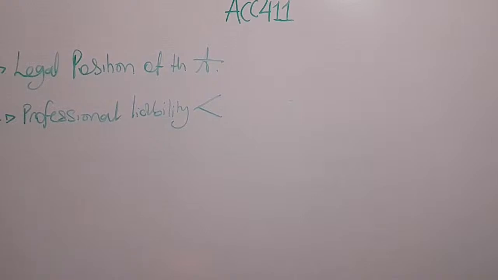Professional accountants may have professional liability under what we refer to as common law, as well as statutory law. The liability here is that the auditor may be criminally liable, based on the yardstick of the contract.